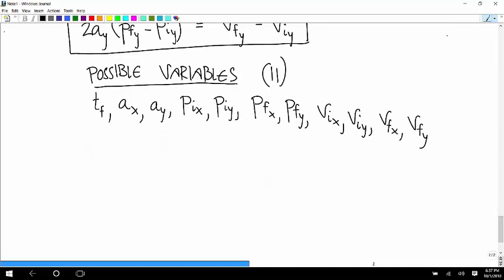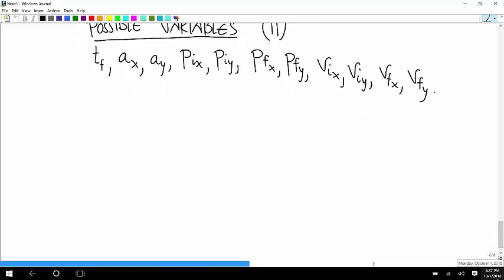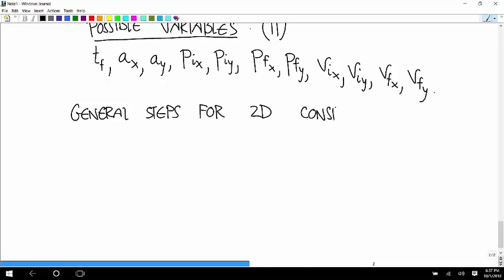So now, based on all this stuff, let me list out a general set of steps that you can follow to do these problems, and then I'll just start getting into examples, and we'll do examples for probably like a full class. So these are general steps for two-dimensional constant acceleration problems.